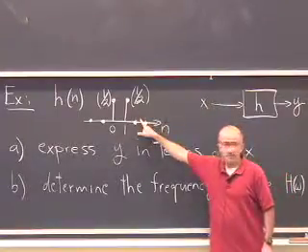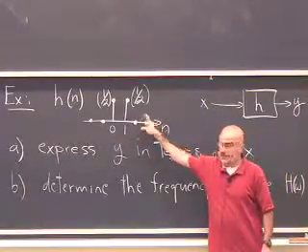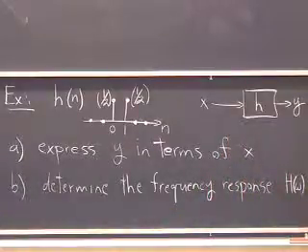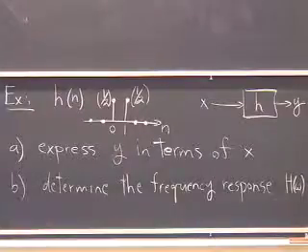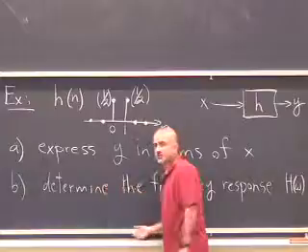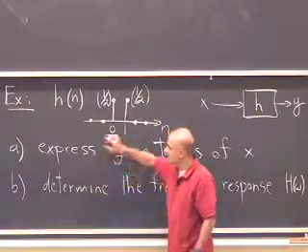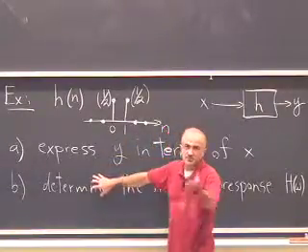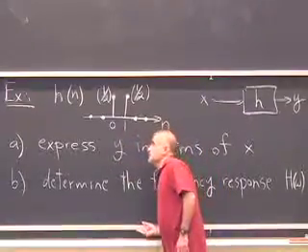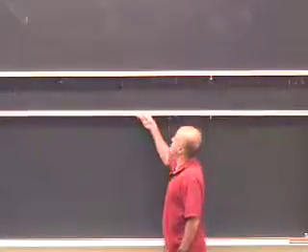Convolve it with this function, and tell me what you get for y of n. That's part A. And you need to talk to your neighbors, because this is quite new to most, if not all of you. And after you do that, then we'll deal with B. So don't worry about B for now. Deal with it only if you finish early. We'll work this out, and then we'll worry about the frequency response.